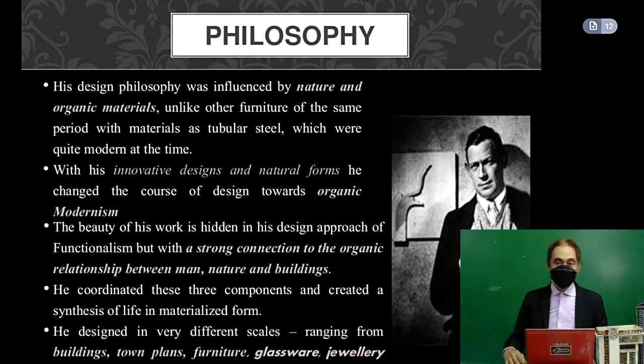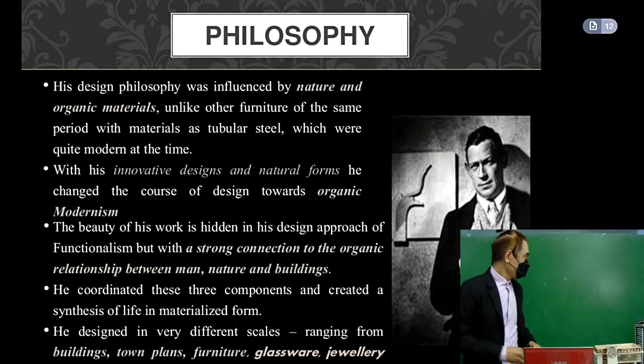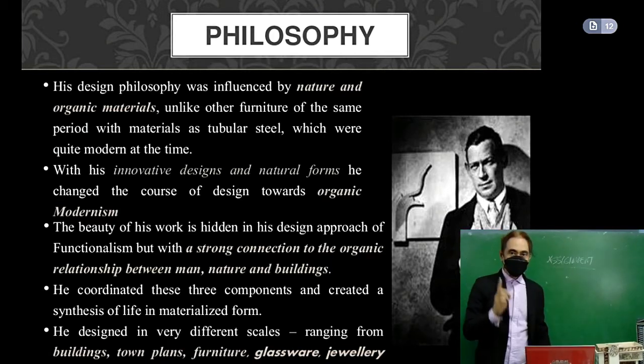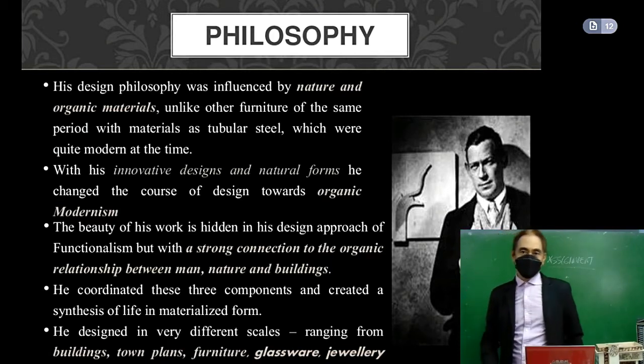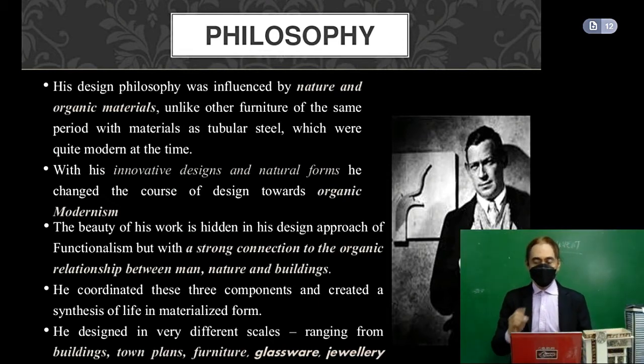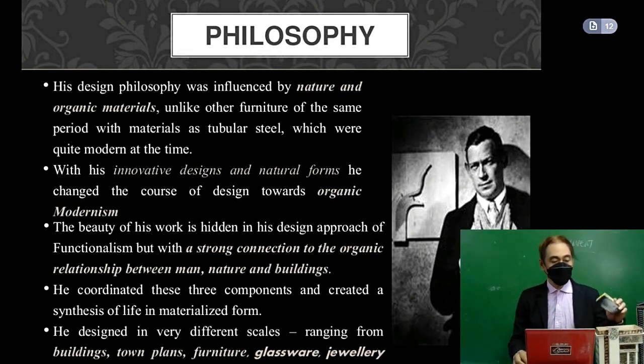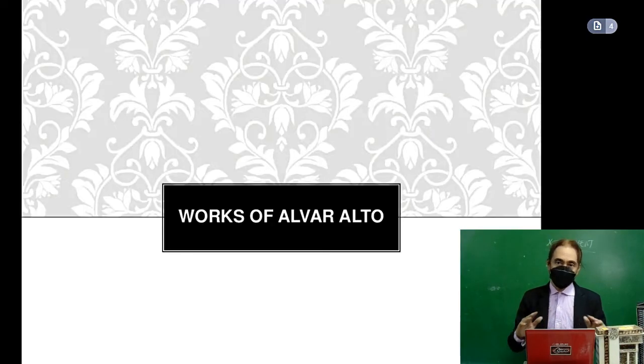The beauty of his work is hidden in his design approach of functionalism, but with a strong connection to the organic relationship between man, nature, and the building. He coordinated these three components and created a synthesis of life in materialized form. He designed at very different scales, ranging from buildings, town plans, furniture, glassware, jewelry, and other forms of art.